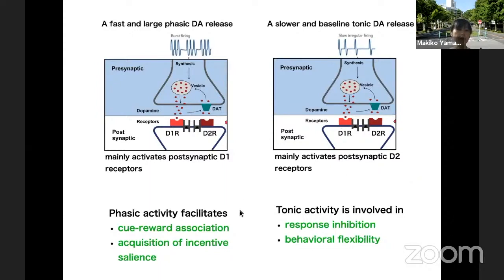Phasic activity facilitates cue reward association, acquisition and incentive salience, whereas tonic activity is involved in response inhibition and behavioral flexibility.